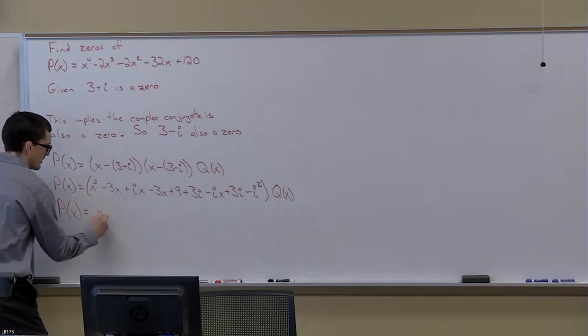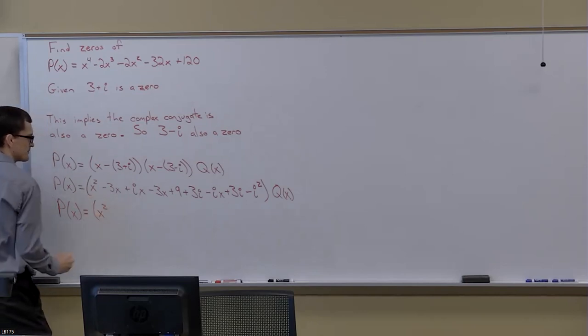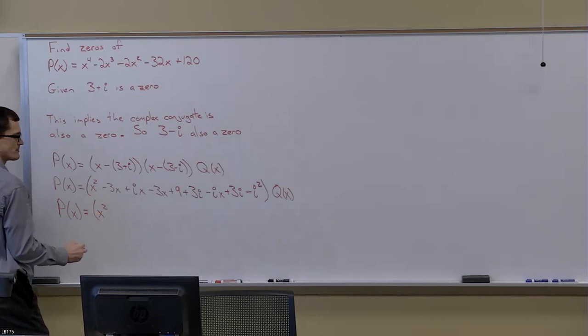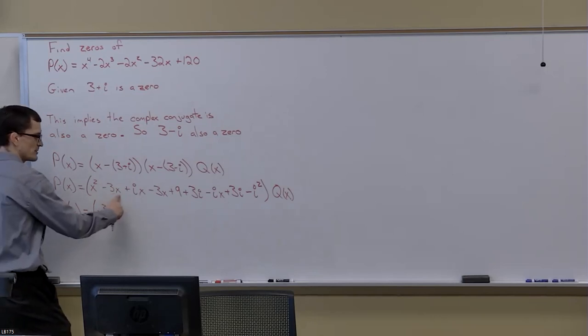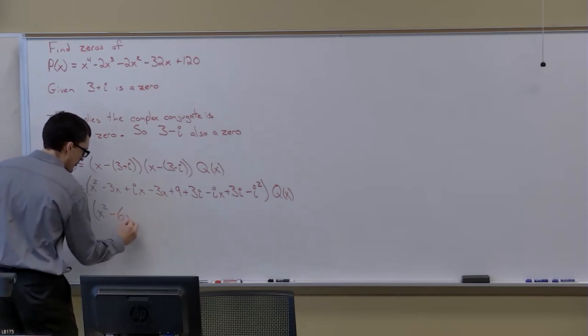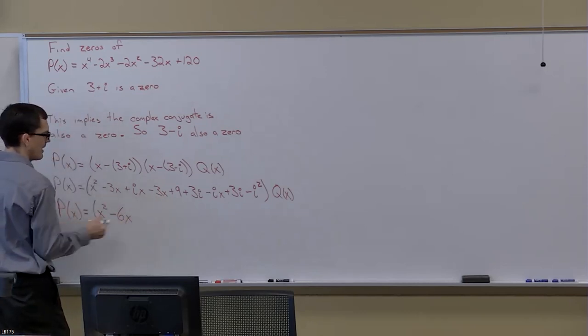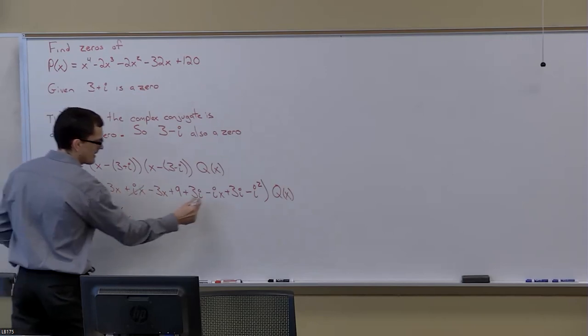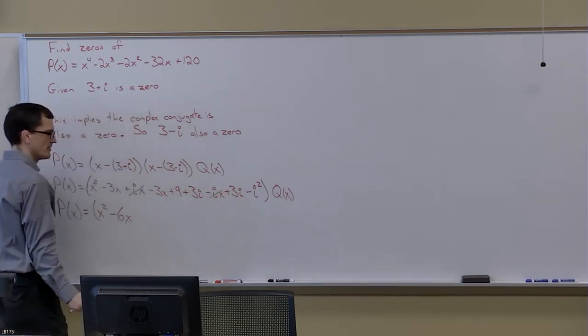Now I'm going to combine like terms, and lots of things are going to drop out. I have an x squared. Minus 3x minus 3x gives me minus 6x. This positive ix is going to cancel with this minus ix.